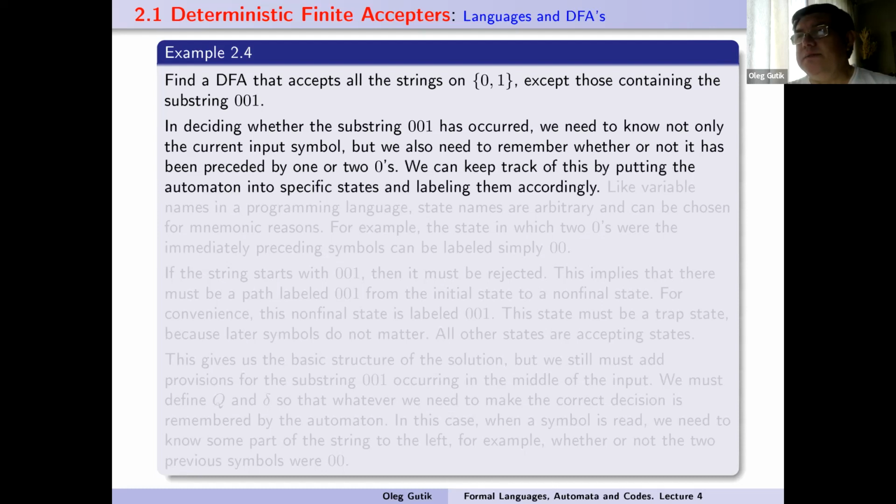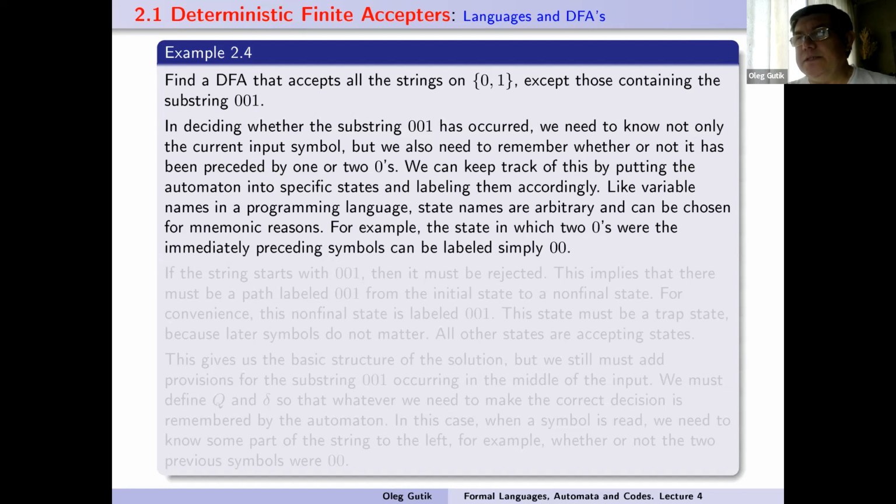We can keep track of this by putting the automaton into specific states and labeling them accordingly, like variable names in a programming language. The state names are arbitrary and can be chosen for mnemonic reasons. For example, the state in which two zeros were the immediately preceding symbols can be labeled simply 00.